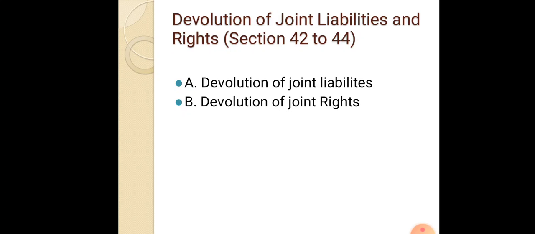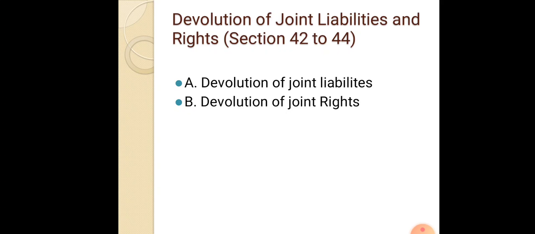So what are these rules? There are certain rules. We'll talk about A, devolution of joint liabilities, and B, devolution of joint rights. First we will see devolution of joint liabilities. Here, when two or more persons have made a promise, all of them must jointly fulfill the promise.